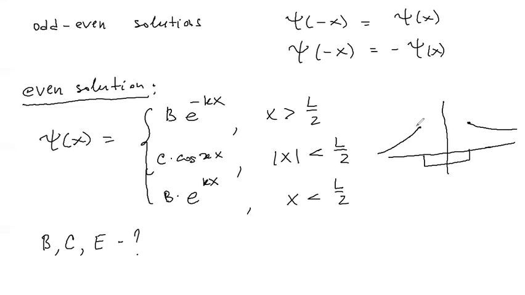They are continuous. Same value where? At the frontier of the regions, the central one and the one on the left. You mean there should not be jumps, it should be continuous. Yeah, when you approach this well potential, you approach it by exponents. But then inside, you have cos function.